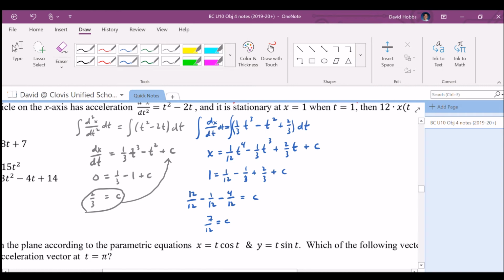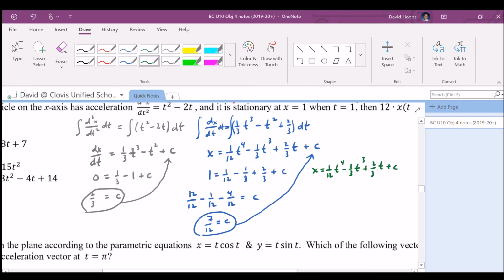Okay. And so if I plug that back in right there, I've got x of t equals 1/12 t to the 4th minus 1/3 t to the 3rd plus 2/3 t plus c.